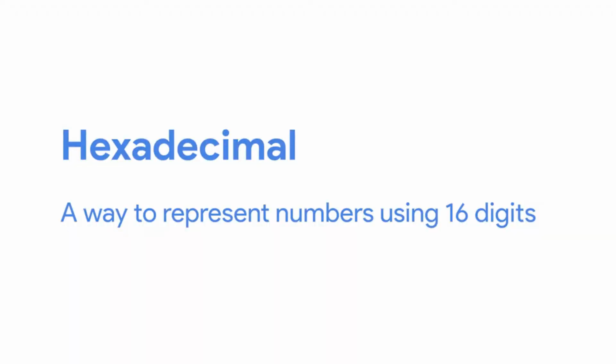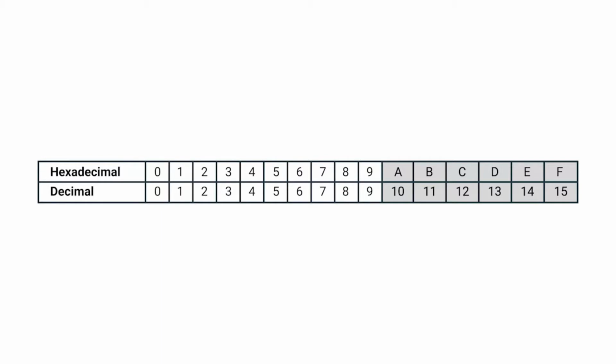Just like how binary is a way to represent numbers with only 2 digits, hexadecimal is a way to represent numbers using 16 digits. Since we don't have numerals to represent any individual digit larger than 9, hexadecimal numbers employ the letters A, B, C, D, E and F to represent the numbers 10, 11, 12, 13, 14 and 15.